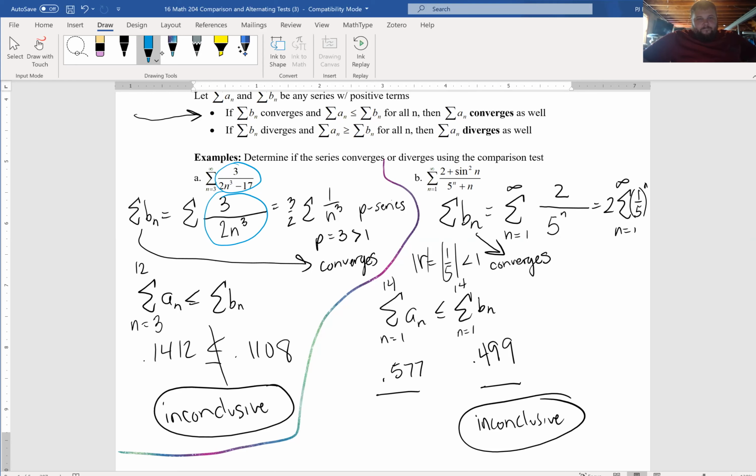And if my denominator is smaller, that means my overall number will be bigger. So every term in A sub n will be bigger than its counterpart in B sub n. Does that make sense to everybody?